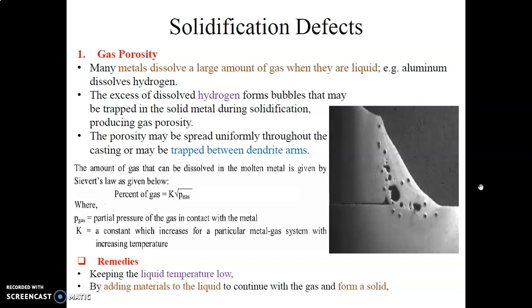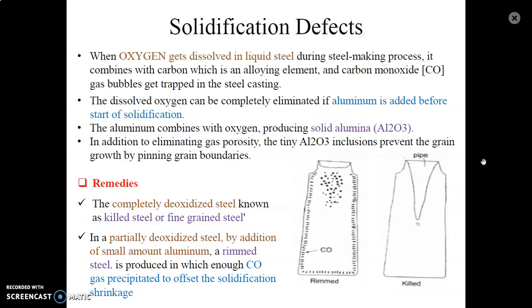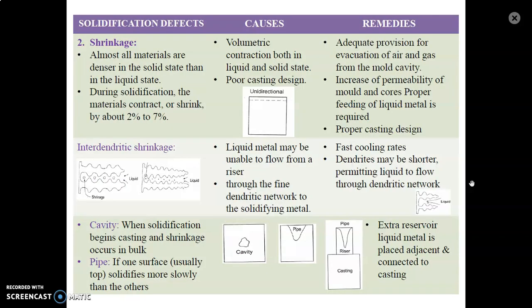The excess dissolved hydrogen forms bubbles that may be trapped in the solid metal during the solidification. So here oxygen is also dissolved in the liquid metal. So these are some problems which occur during the solidification.